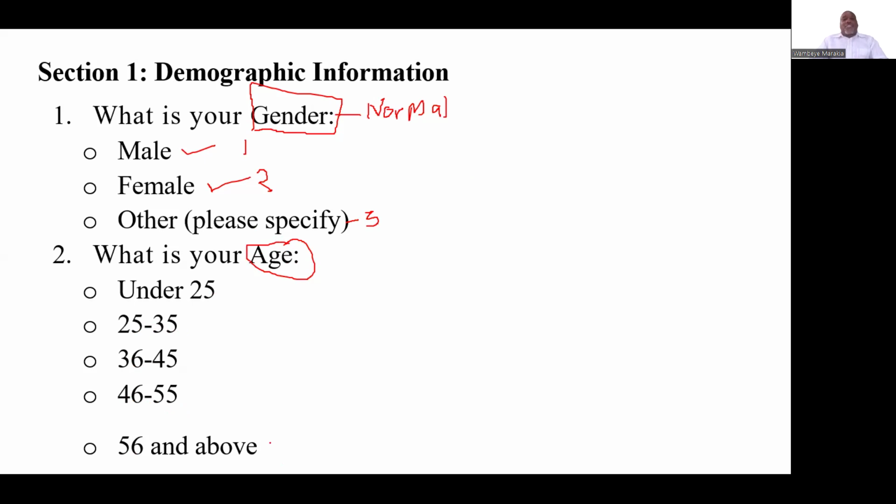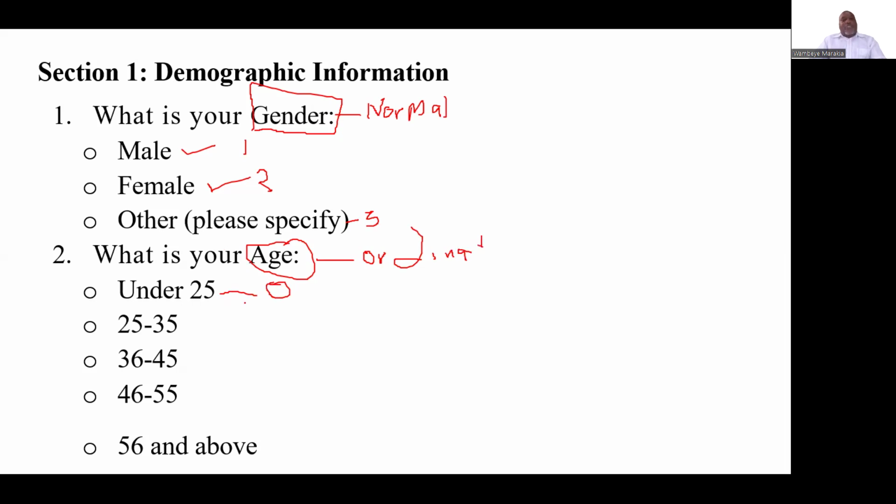Age normally is measured at a ratio scale. But in this case, because it's being categorized, we don't consider it a ratio scale; we say it's ordinal, measured at an ordinal scale.